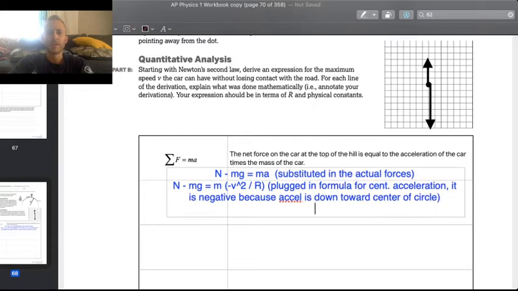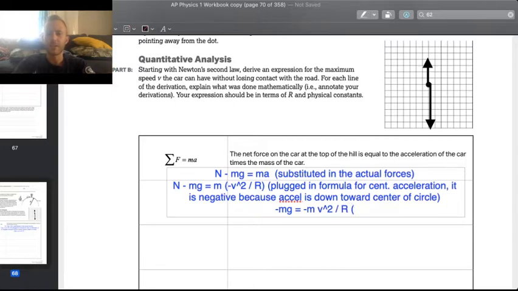Okay? Now, if the car is about to lose contact with the hill, the normal force is the force of contact. So if there's no contact anymore, the normal force must be 0. So I would set the normal force equal to 0. So now I have minus mg equals minus mv squared over r.